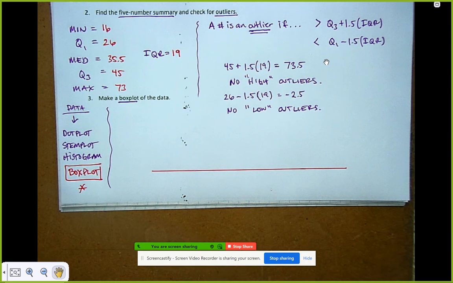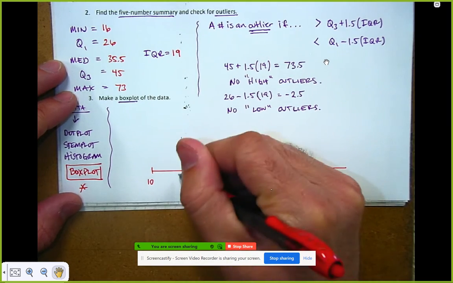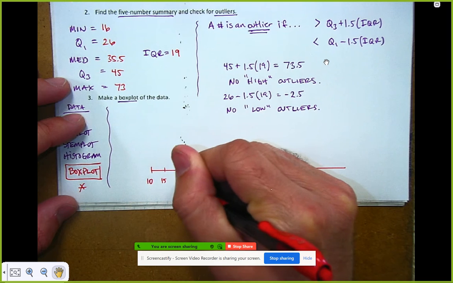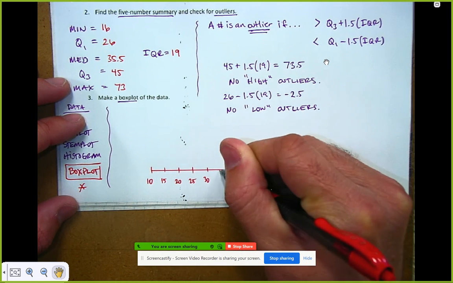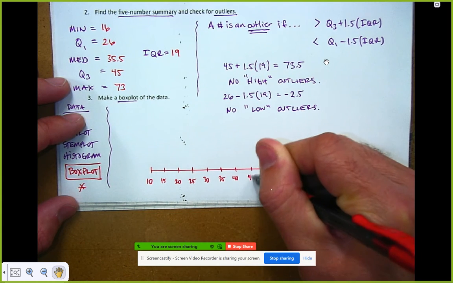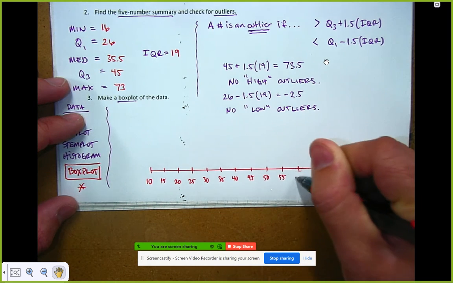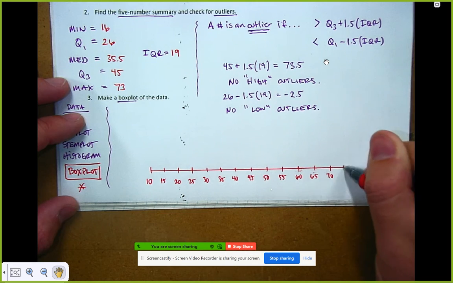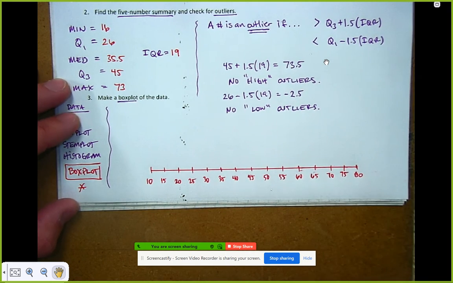I'm just going to make little tick marks, and I'm going to start at 10, and then I'm going to go 15, 20, 25, 30, 35, 40, 45, 50, 55, 60, 65, 70, 75, and one more makes 80.